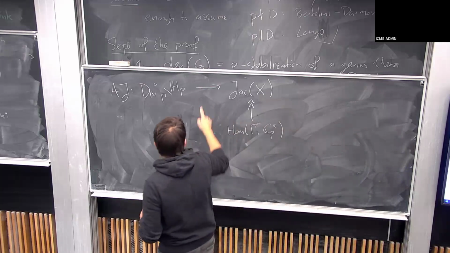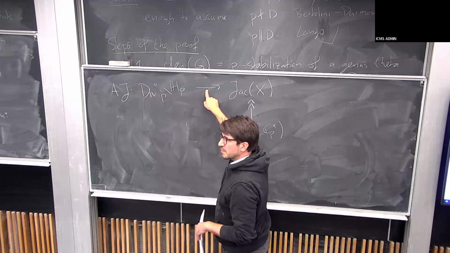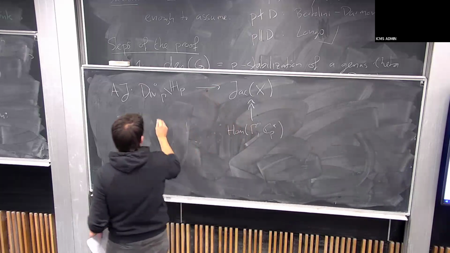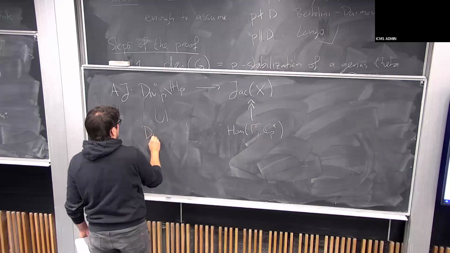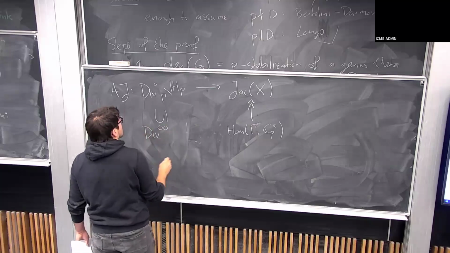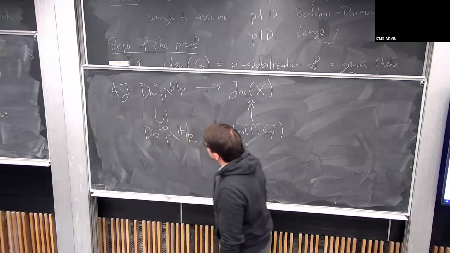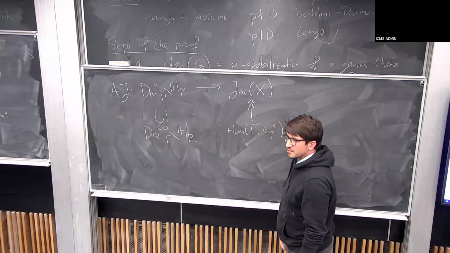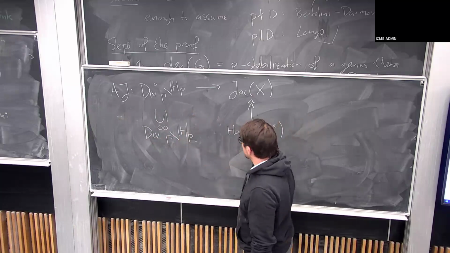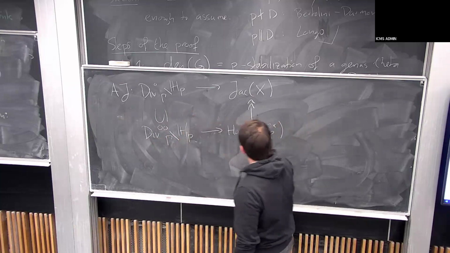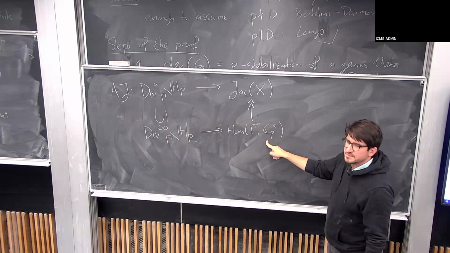And you can explicitly write down this Abel-Jacobi map, but what's even better, we define somehow a subspace of the space of degree 0 divisors, which are strongly degree 0, that actually map into this space.